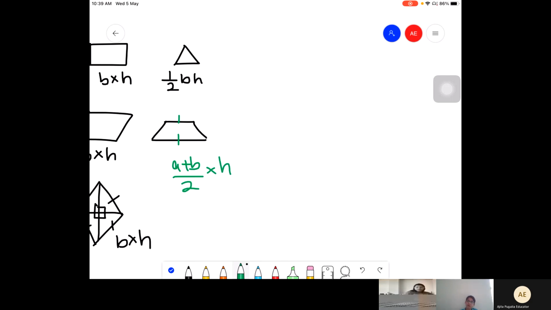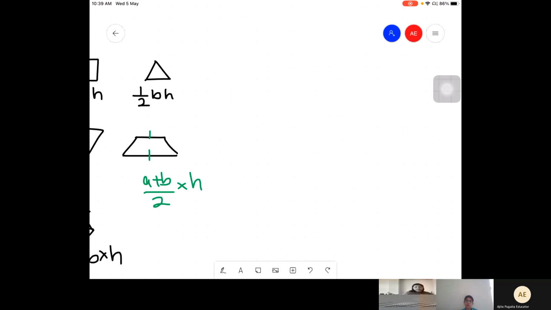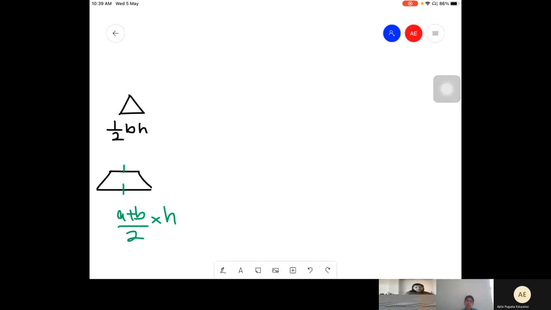Now, there is one more formula for finding out the area of a triangle, which is called Heron's formula.